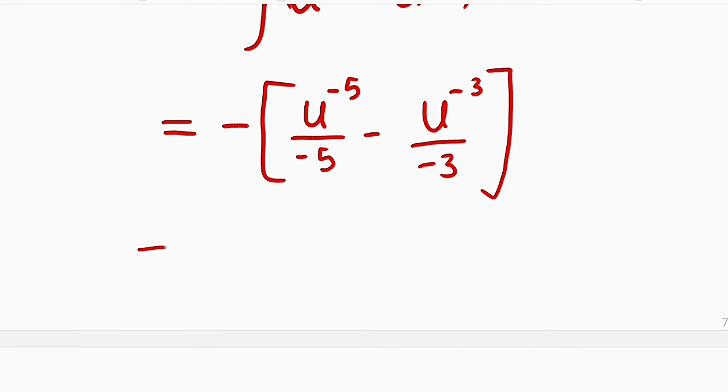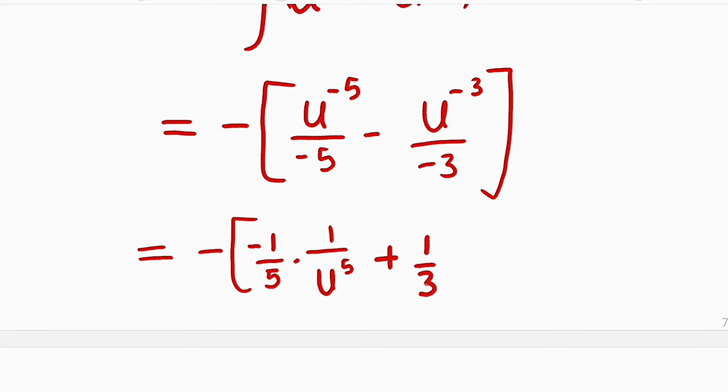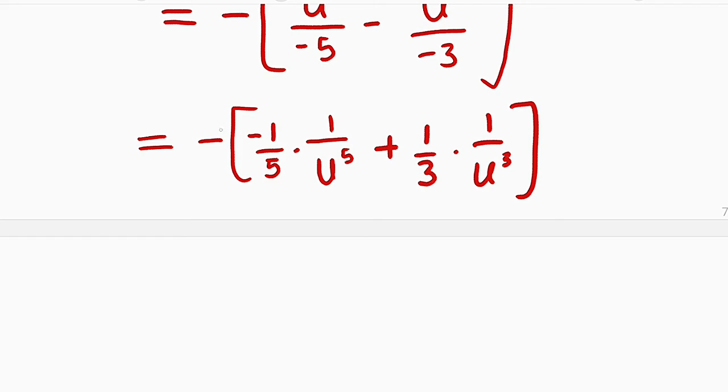This is equal to negative multiplied by, you can say that this is -1 divided by 5 multiplied by 1 divided by u to the 5th power. Then we have minus minus is plus, 1 divided by 3 multiplied by 1 divided by u to the third power. If you drop the u's, the exponents will become positive, right? And if you distribute this negative sign, all other signs will change.